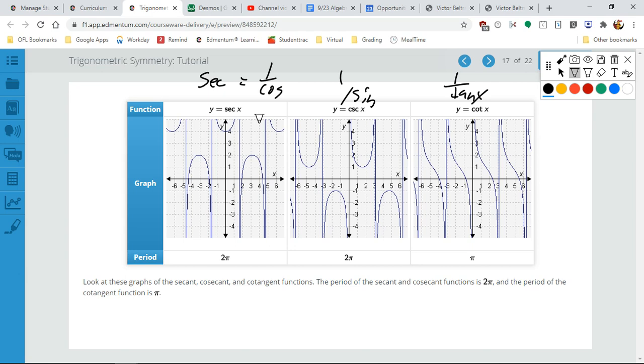That's how come the zeros of cosine, because remember at 0, this was a 0 for tangent. It becomes an asymptote for cotangent, because we're basically taking that 0 over 1 and flipping over to 1 over 0 for cotangent.